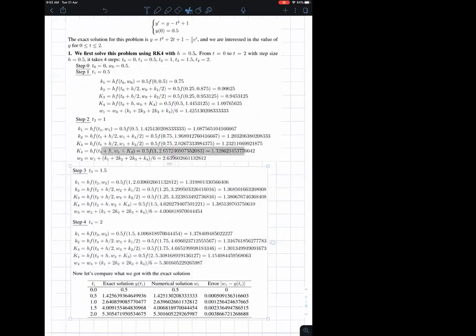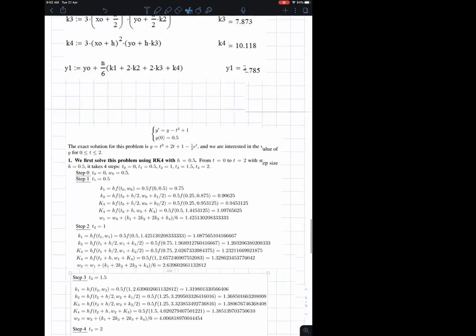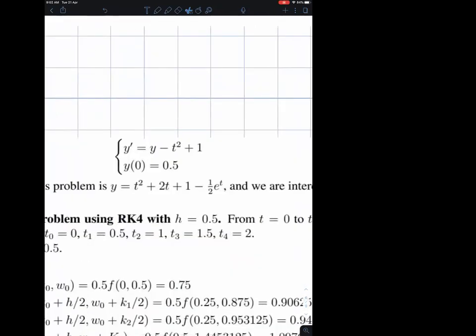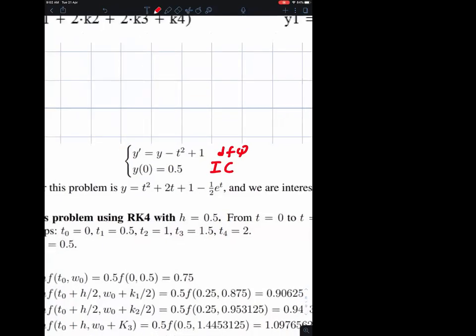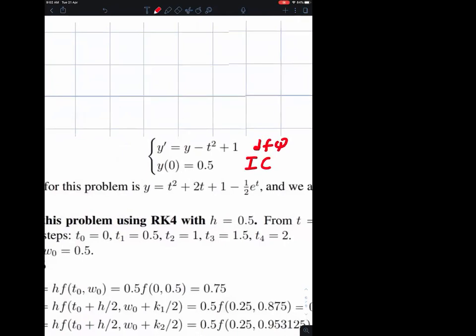Okay, guys, it's the same problem that we did before. You are given a differential equation with the initial conditions. This is the differential equation, the ODE. This is the initial condition. You can solve this problem and get the exact solution, just by integrating.